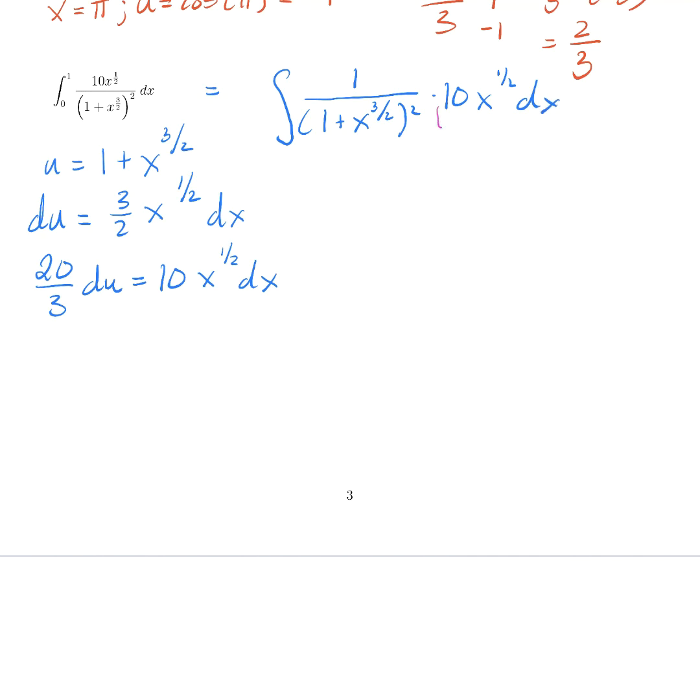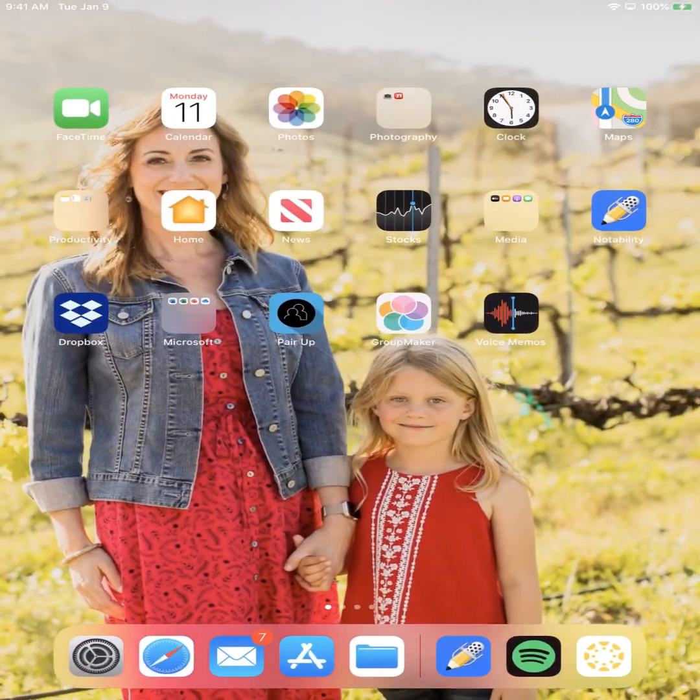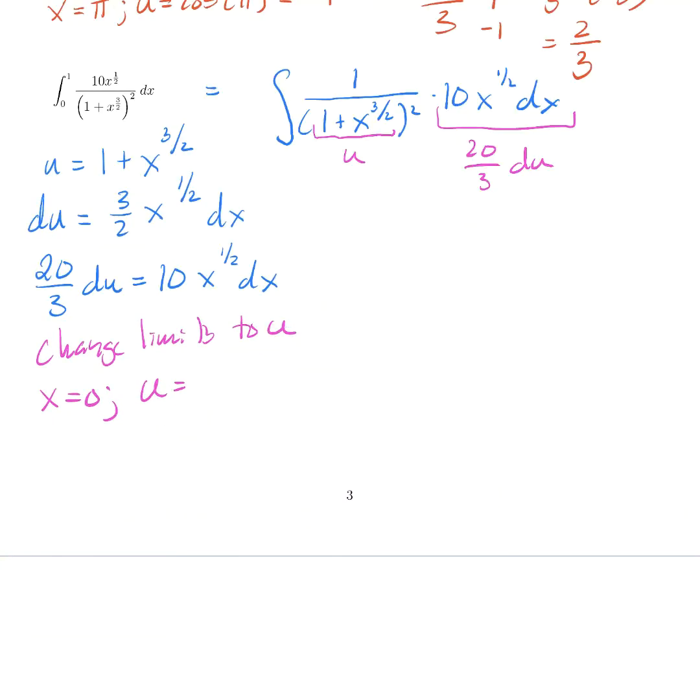We just figured out what this thing is. It's 20/3 du, and we know what this thing is. It's just u. So now we just need to change our limits. Change limits to u. So when x is 0, that's our lower limit of integration, u is going to be 1 plus 0 to the 3/2, which is 0.